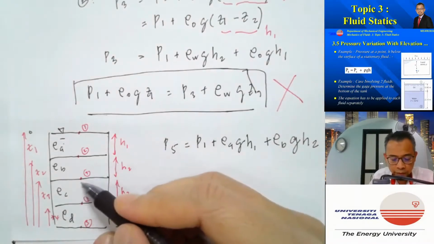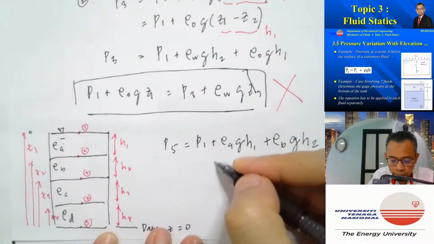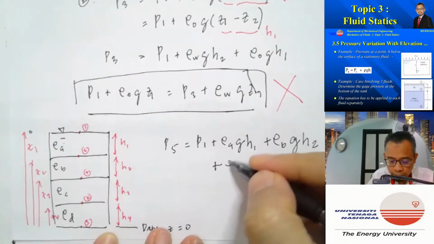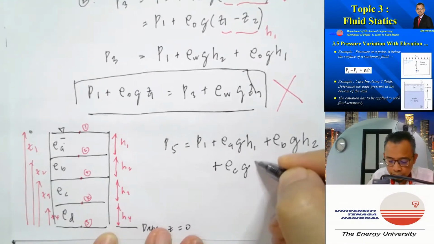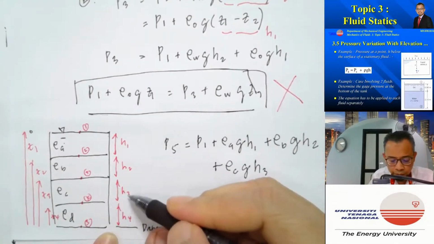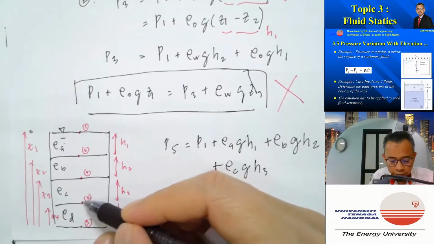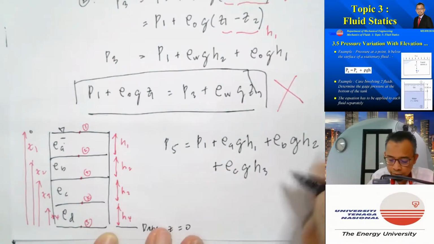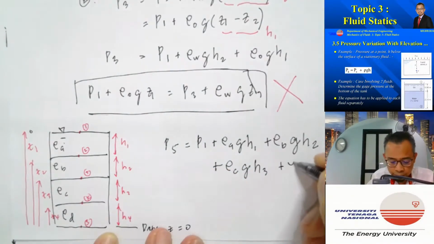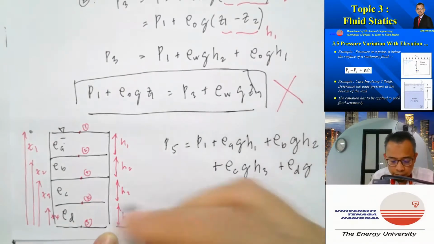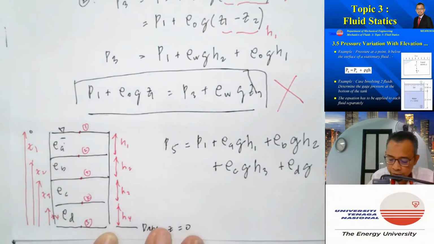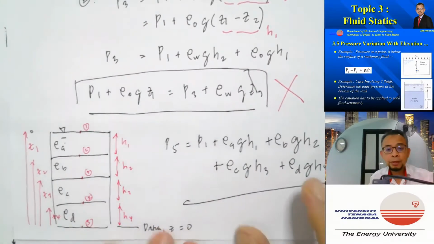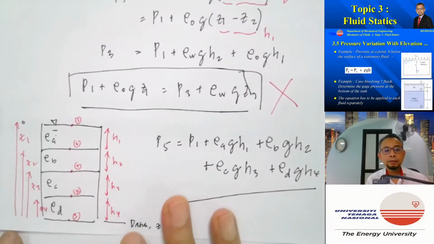That gives me the pressure here, plus rho C G H3. The H3 is Z3 minus Z4. This gives me the pressure here. And the last one is plus rho D G (Z4 minus Z5), which is H4. So I can write this straight away.